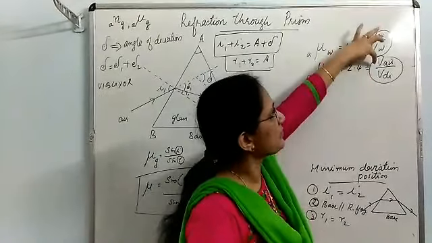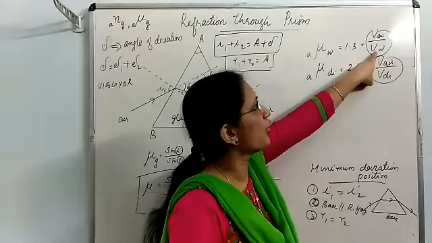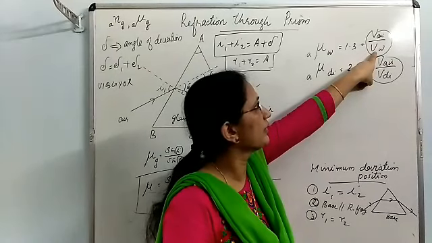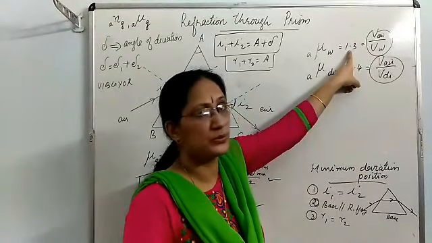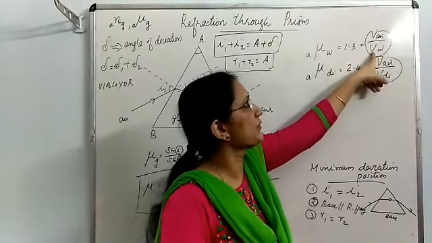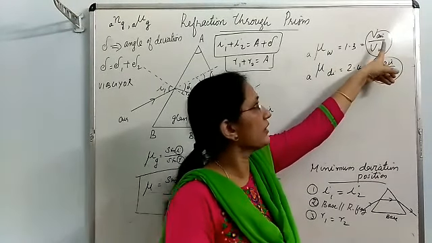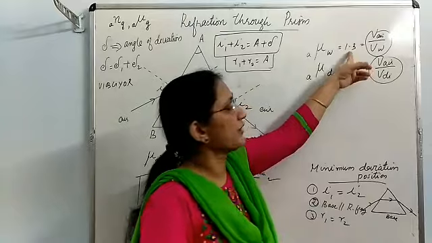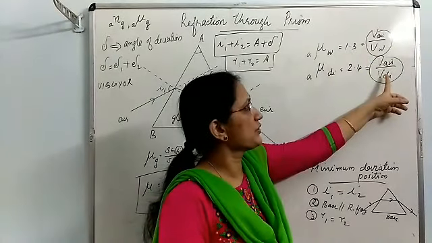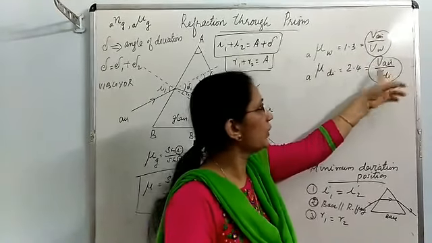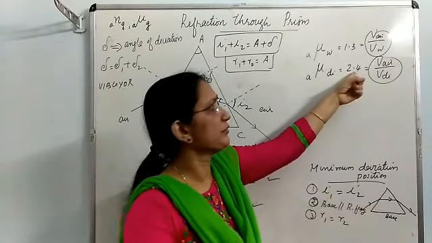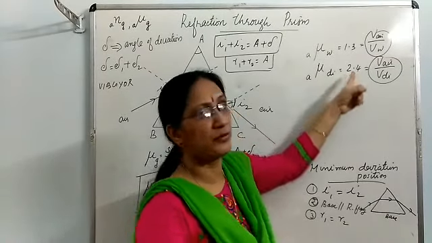Actually the numerator is the same here. So here the denominator part is high, that is why the value is low. So velocity of light in water is high, so refractive index is less. Here velocity of light in diamond is low, that is why the refractive index is high for diamond.